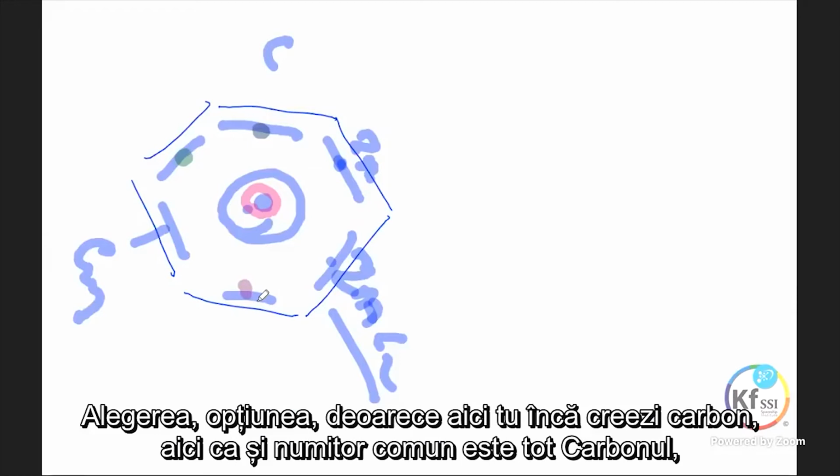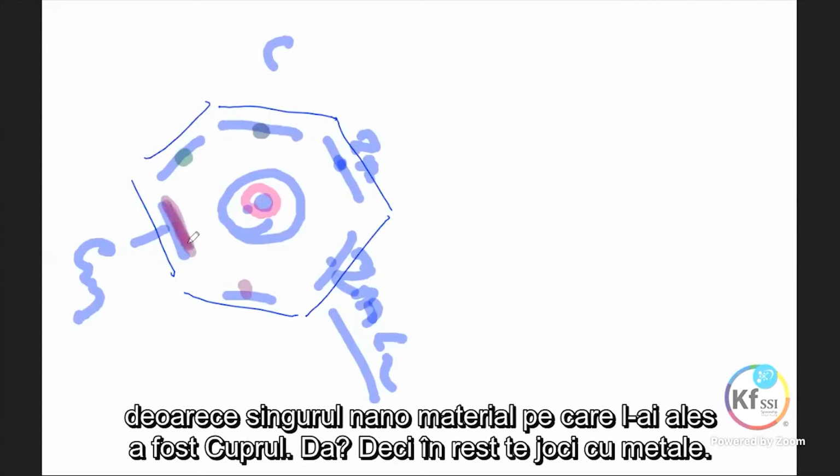The choice of the option matters, because here you're still creating the carbon as a carbon denominator. The only nanomaterial you chose was the copper, so the rest you are playing with metals.